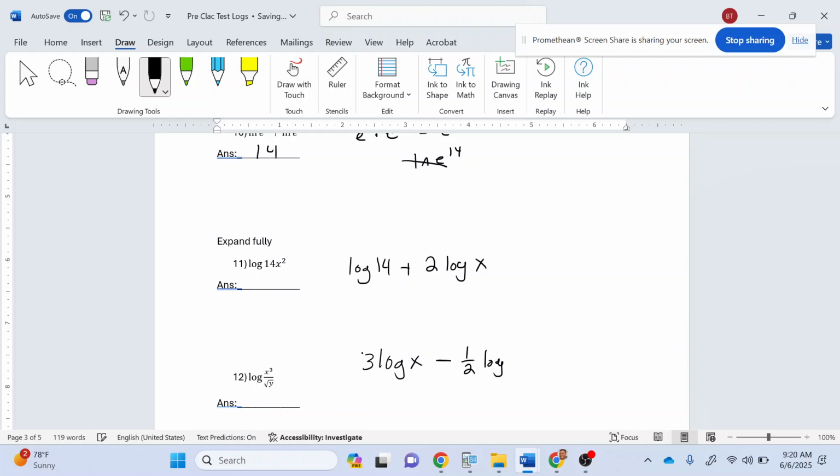The 2, because it's x to the second power, so I've got to put it in front.